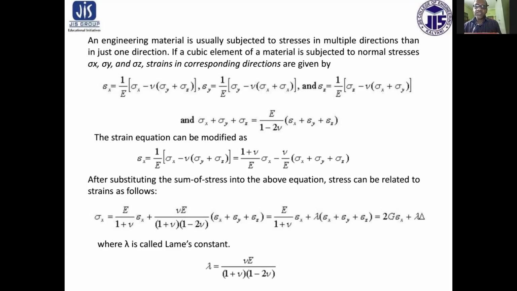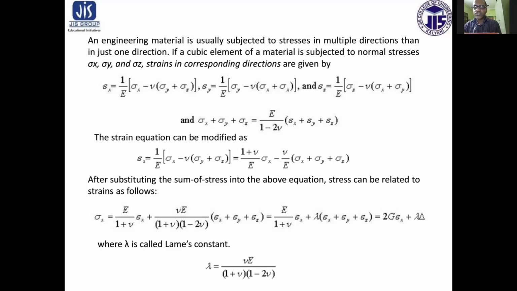That is, Ex equals 1 by E into sigma x minus nu into (sigma y plus sigma z), and correspondingly for y and z also. And the summation of the strains is given by (1 minus 2 nu) by E multiplied into the sum of sigma x, sigma y, and sigma z.